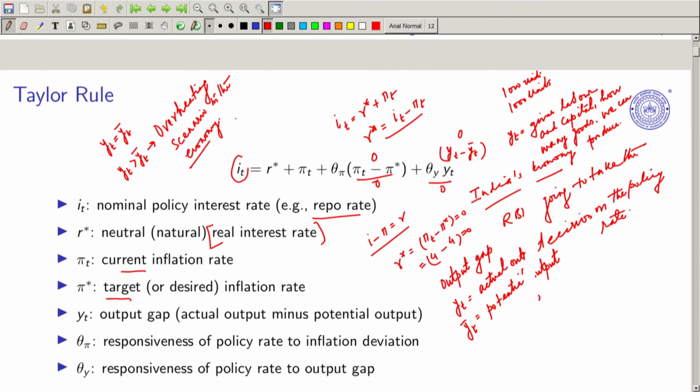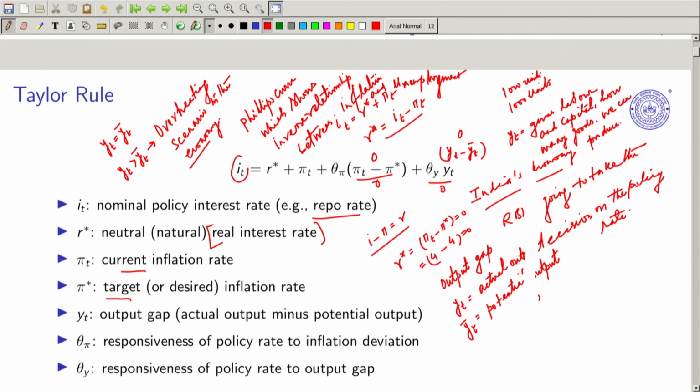And if you think in terms of the Phillips curve, which shows an inverse relationship between inflation and unemployment, then what is going to happen?